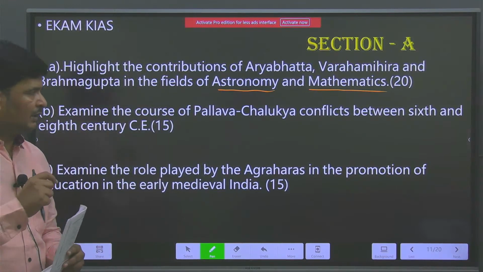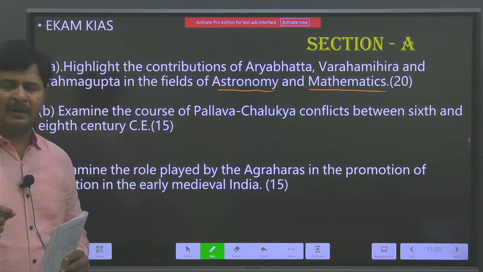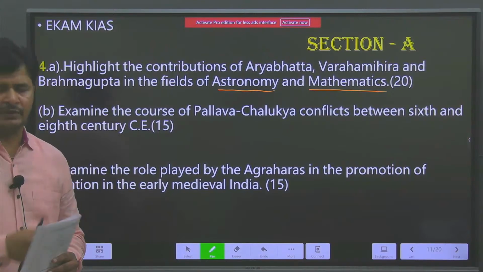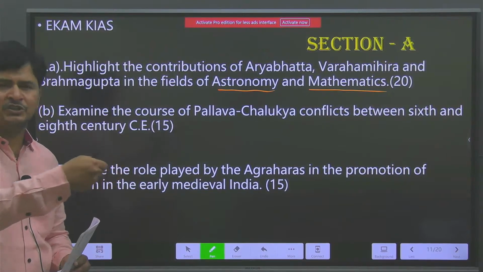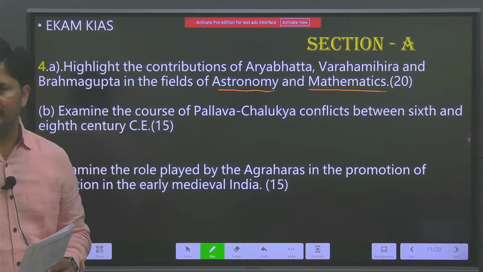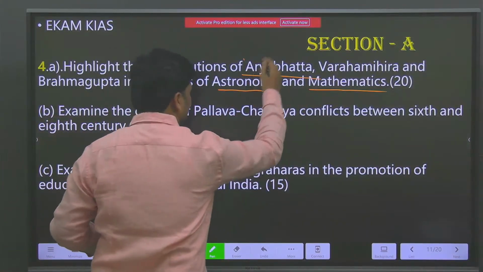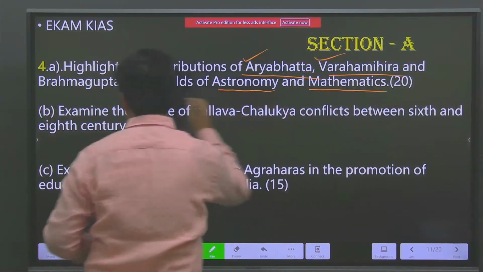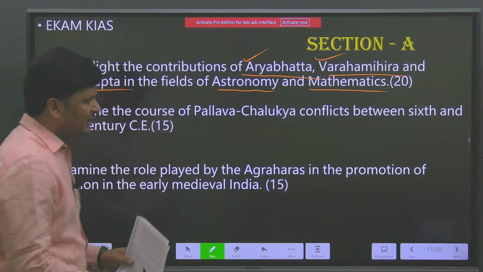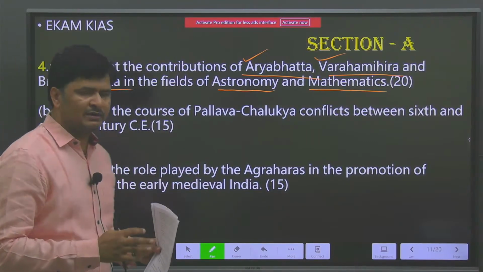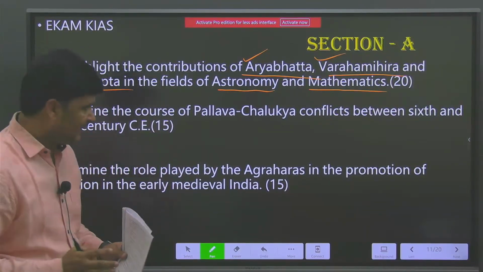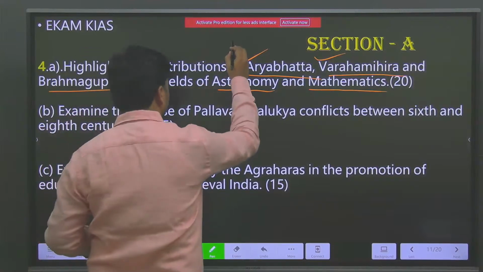Obviously, that shouldn't be applied while you're writing an exam. The content must be written in flow. Right? So highlight the contributions of Aryabhatta, Varahamihira, and Brahmagupta. These are the three famous Sanskrit scholars from ancient India, to be specific, the Gupta period.